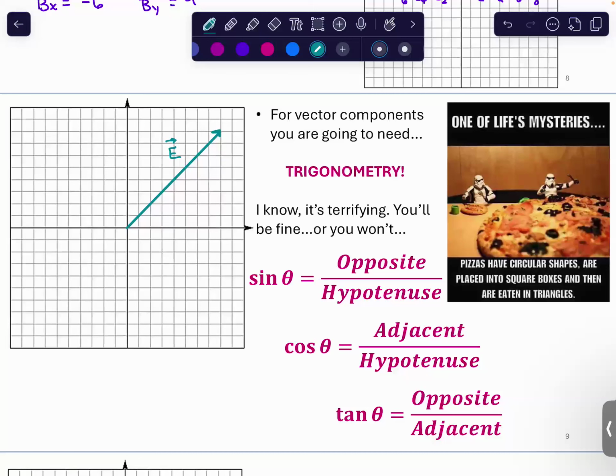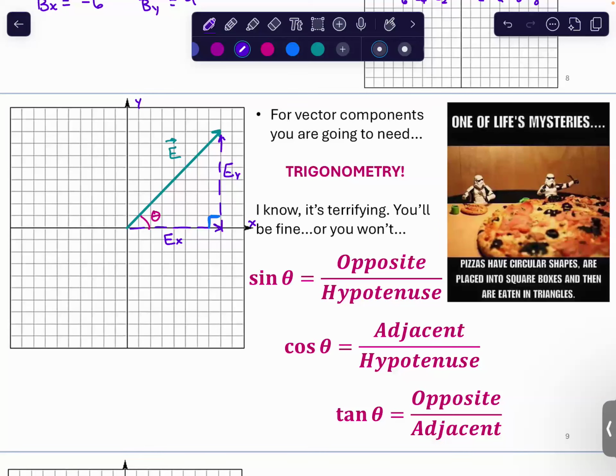Let's put an electric field there. We're going to draw in our components. We've made our right triangle, and we have the y, the x, and an angle theta.